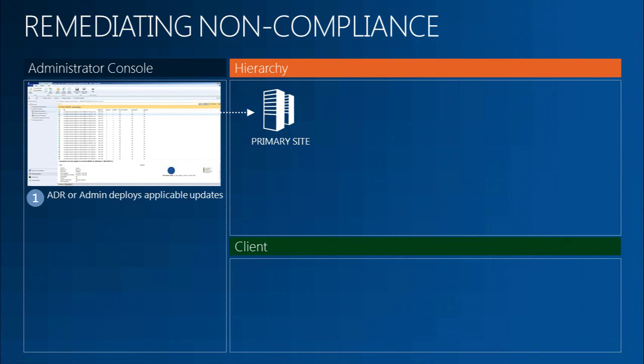For example, you can have it run on the second Tuesday of every month at 5 p.m. It will go up, get every update that you've defined in the filter expression, bring that down, distribute content to all your distribution points, configure the deployment for the client, tell the deployment when the deadline is, and that whole process that you do now every month through DSUW, Distribute Software Update Wizard, is all automated.